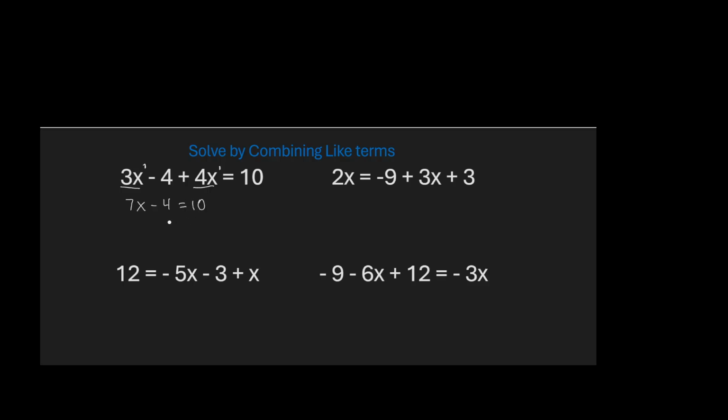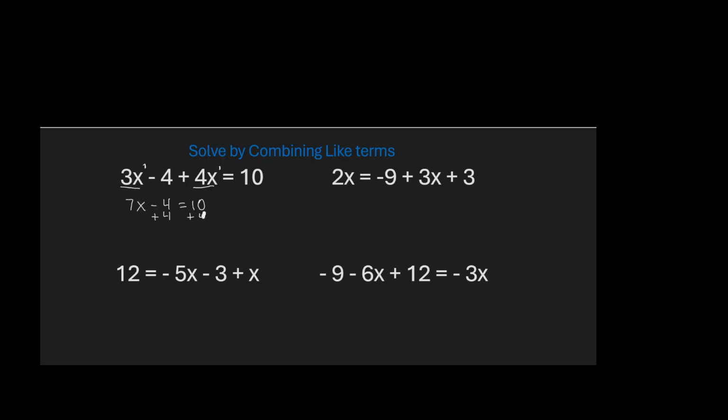Now this is a two-step equation, and remember, we need to isolate the variable x. You always want to get rid of the number that is being added or subtracted to the variable. So that means I have to get rid of this 4 by doing the opposite, because we're subtracting. We want to make it 0 by adding 4.